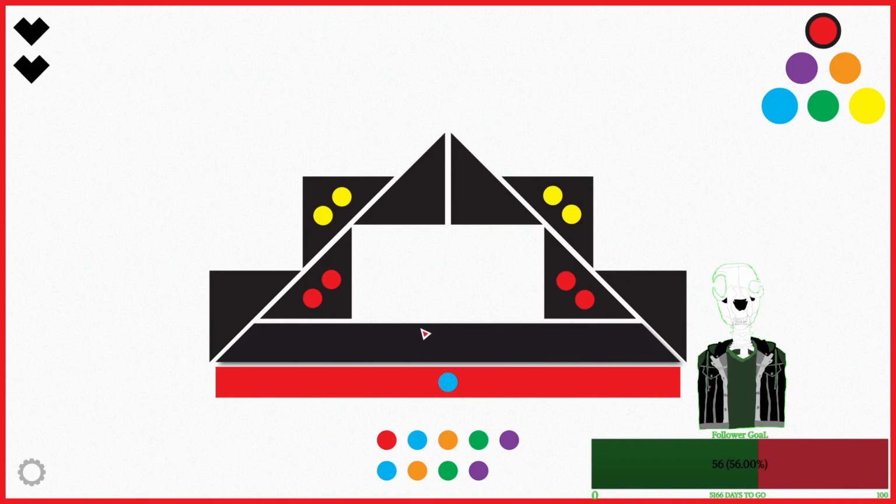I assume this can only be blue, green, or purple. Which means red has to be one of these. It can't be either of these or these. So it has to be these or these. I guess that makes sense in a way, but not very nicely.